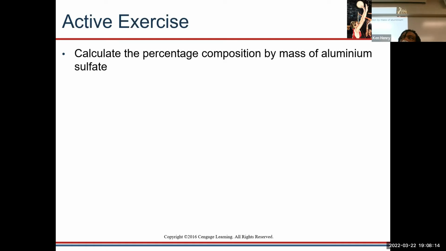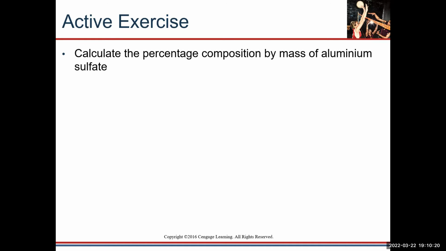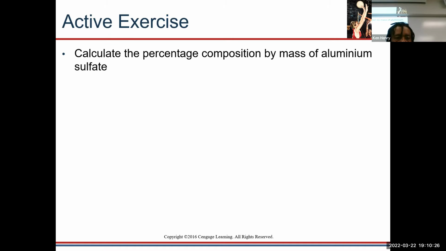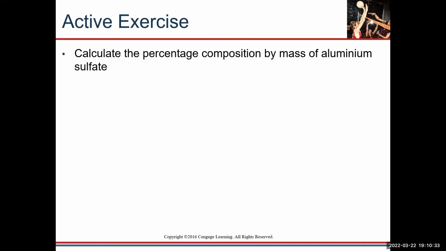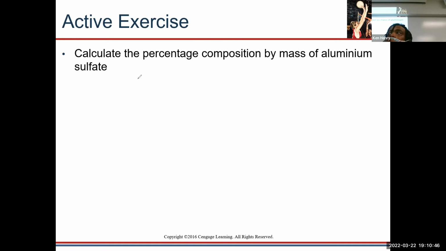Okay, so calculate the percent composition by mass of aluminum sulfate. Where are we going to start? We need the chemical formula, right? So what is the chemical formula for aluminum sulfate?